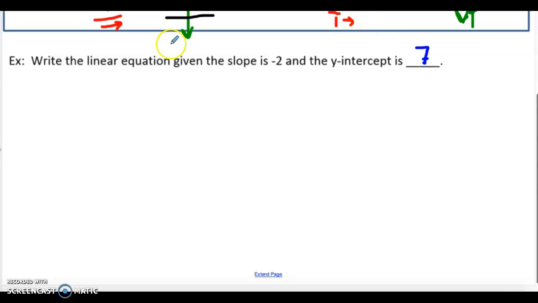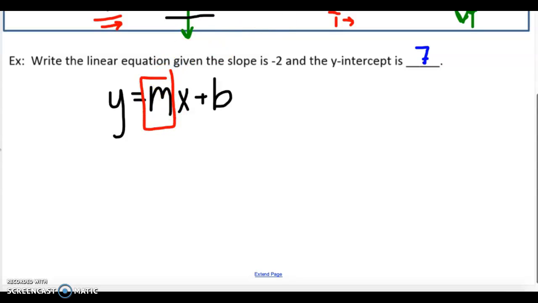So writing a linear equation, that means we can be in the form y equals mx plus b, and we are plugging numbers in for our slope and our y-intercept. Since our slope is -2, -2 is going in for the letter m.